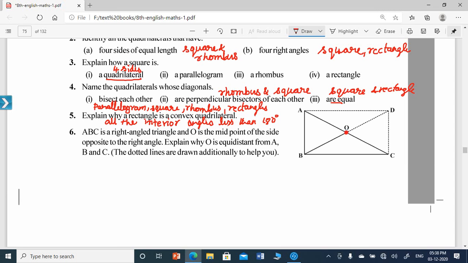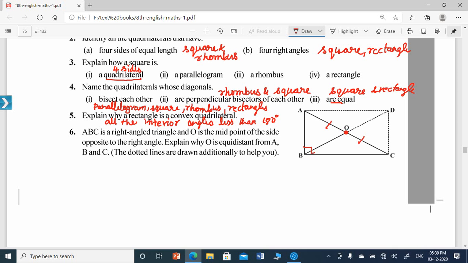Side opposite to right angle is AC. O is the midpoint of AC, that is AO is equal to OC. Explain why O is equidistant from A. O is equidistant from A because O is the midpoint of AC, and O is equidistant from C because O is the midpoint of AC.